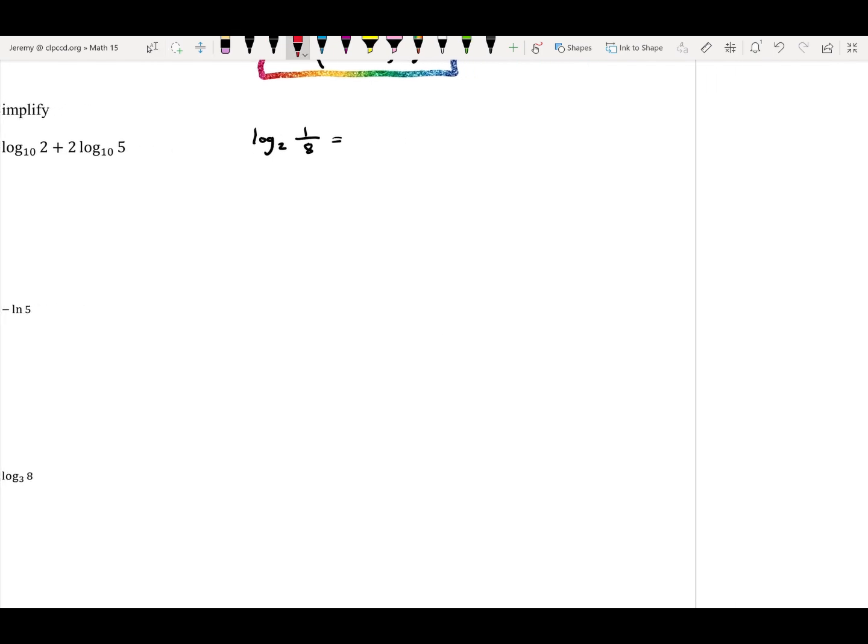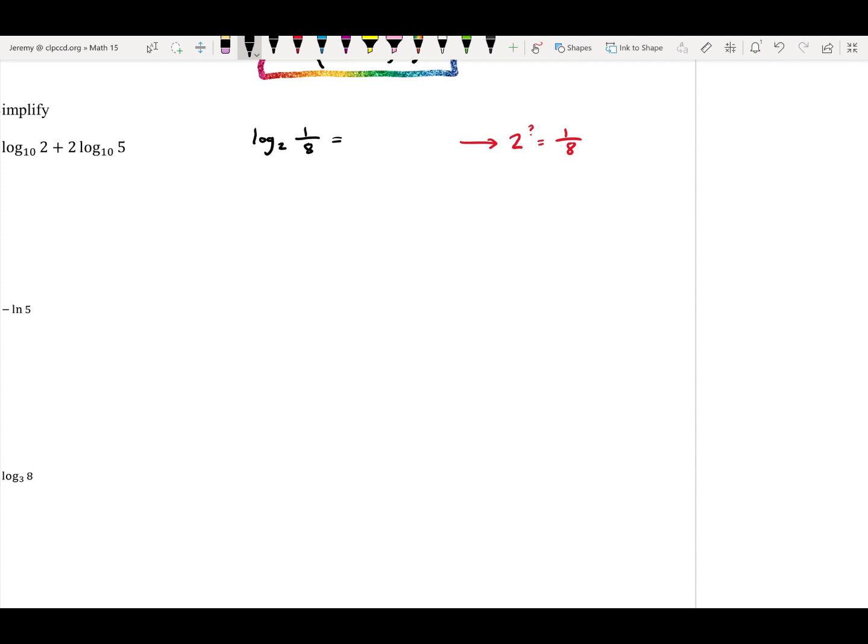Well, I always have the associated exponential problem, because really what this is asking is 2 to what power is equal to 1 over 8? That's always what I think when I'm looking at this. I'm thinking the base 2 raised to what power is equal to 1 over 8? And the output of the logarithm is the exponent. So looking at this associated exponential equation.